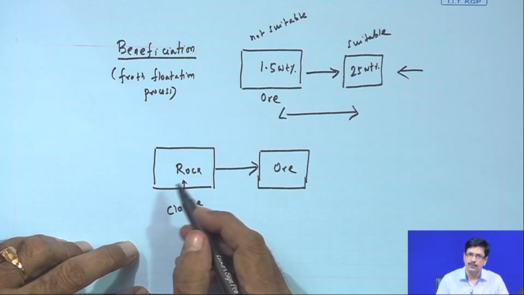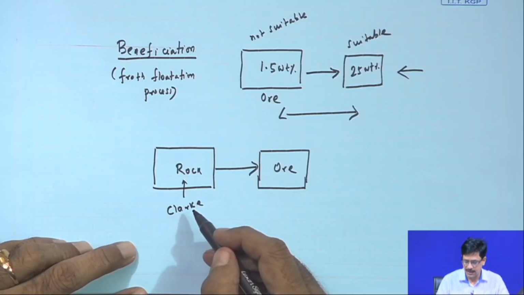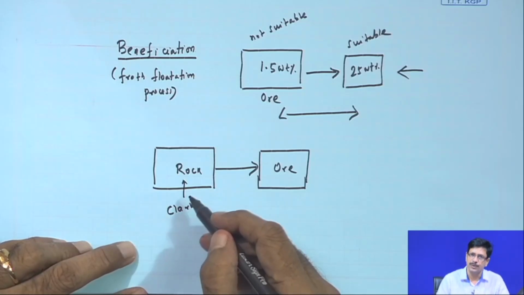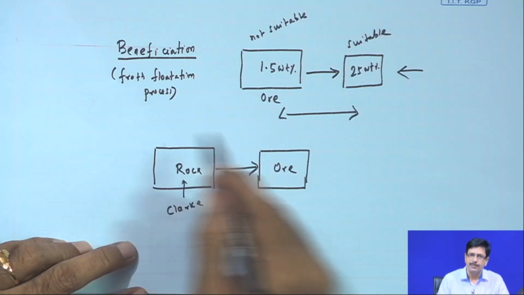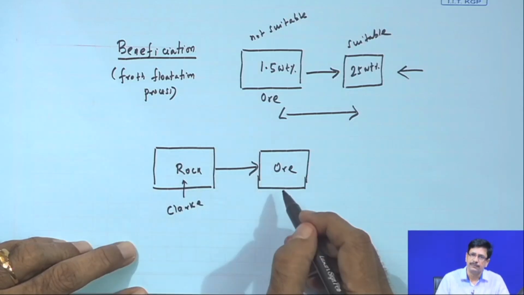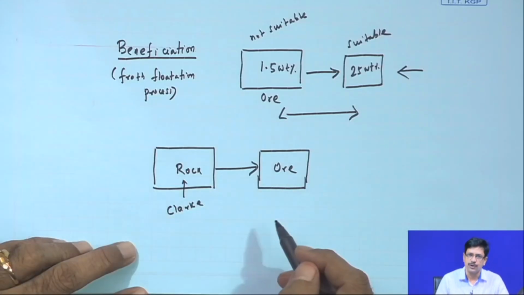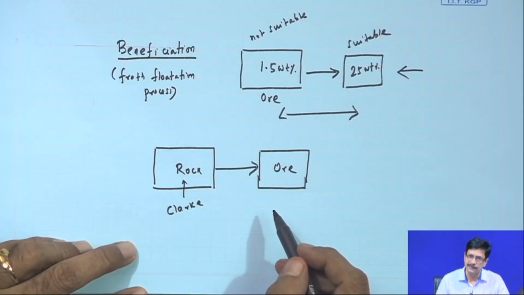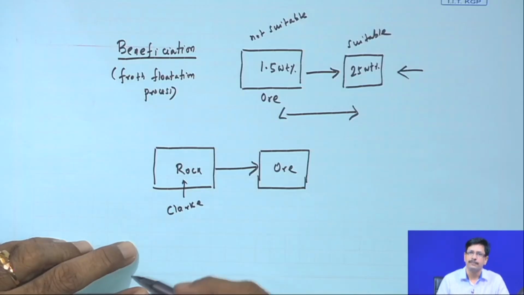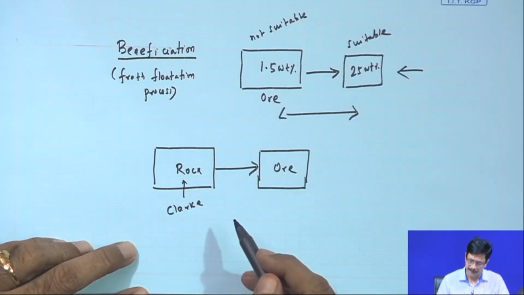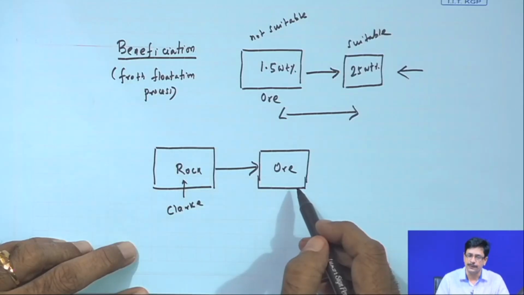And that normal rock could be anywhere: in the mantle, in the lower crust, in the upper crust, or on the surface, and all the processes that we will be gradually discussing, like in a short while we will be going for the classes to see the classification, either one of them or more than one of them in combination, would have acted to convert this particular rock to an ore.